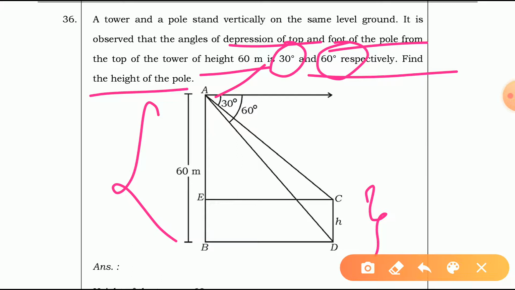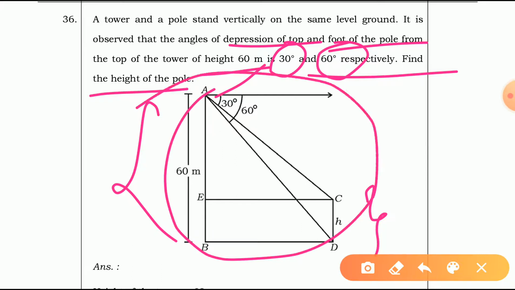By using this information and this figure, to find the height of the pole, it means to find CD. We consider CD is equal to H, which is the question mark.